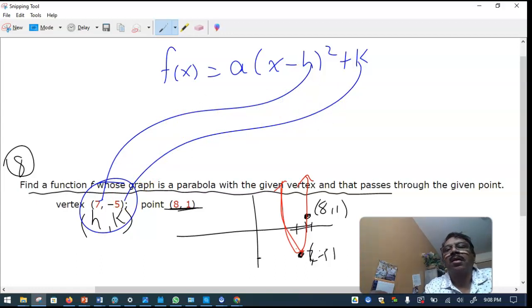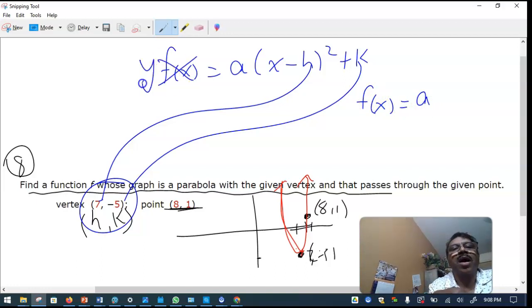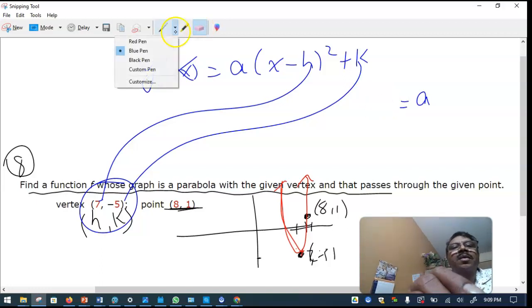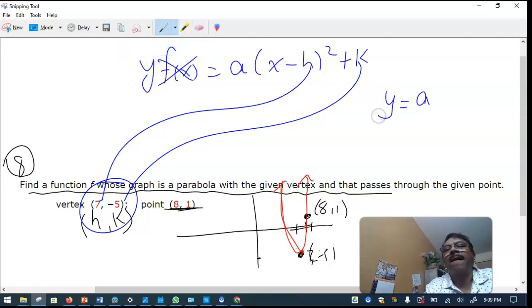So the function will be f of x is a, or instead of f of x, I can write it like y. The reason is because I want to substitute that y is a times (x minus h) squared plus k. The h is 7, so minus 7, the whole square, and the k is minus 5.